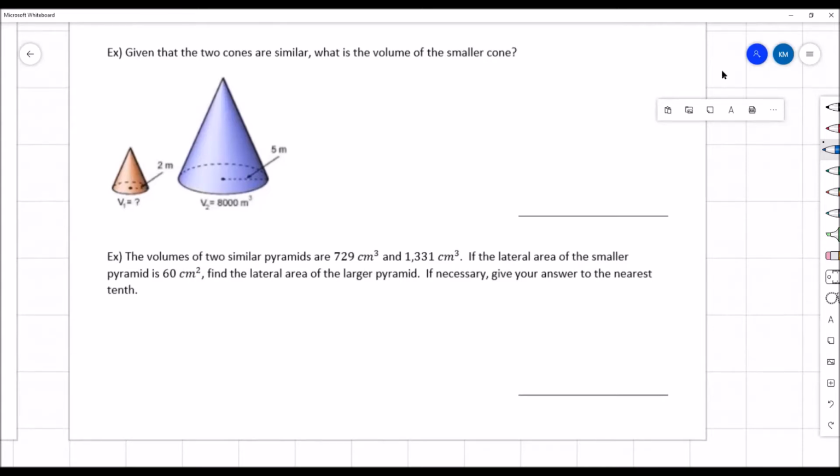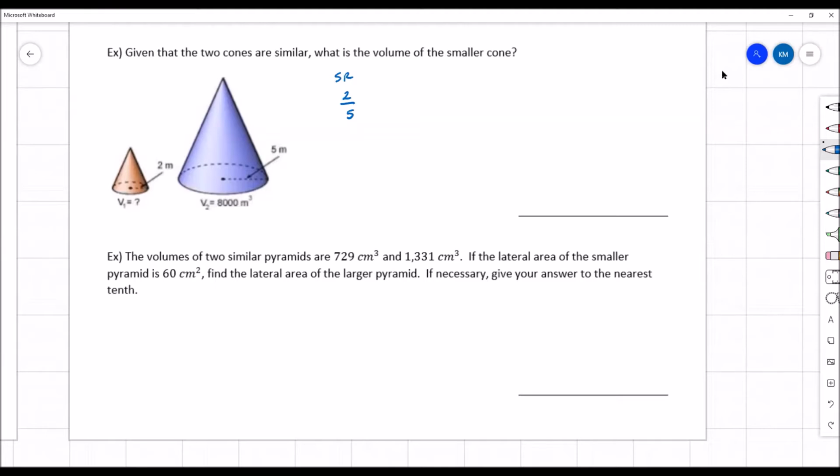So let's use that. It says, given that two cones are similar, what is the volume of the smaller cone? They told us that these two are similar, so we don't have to worry about that. And then they gave us their radii. Since they're similar and we have a corresponding measurement, we have our similarity ratio of 2 to 5.